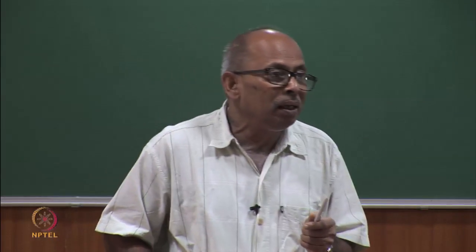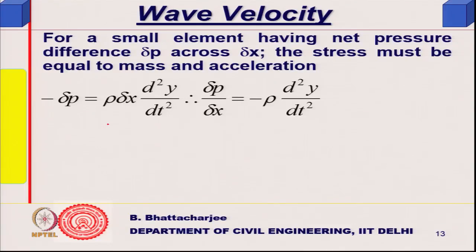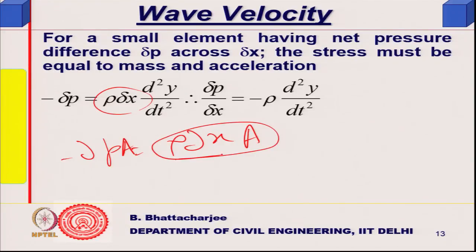If my area is A, the force is del P into A, and the mass is rho del x into A. So, minus del P will be equal to rho del x A times acceleration, where I am taking unit area, so A is equal to 1.